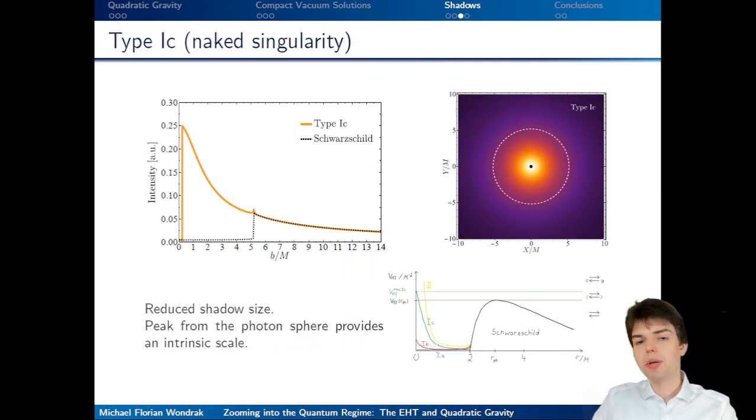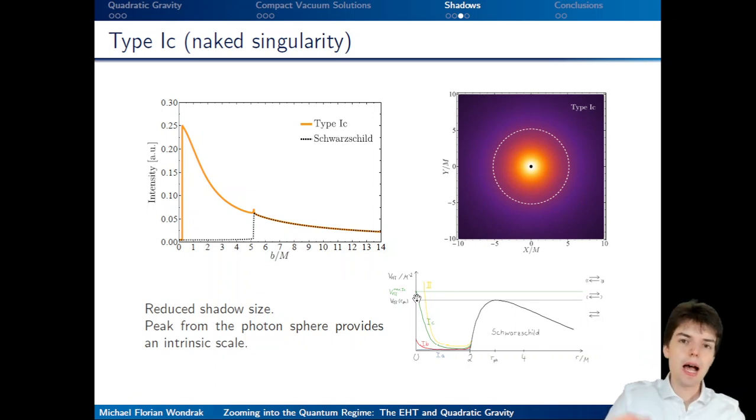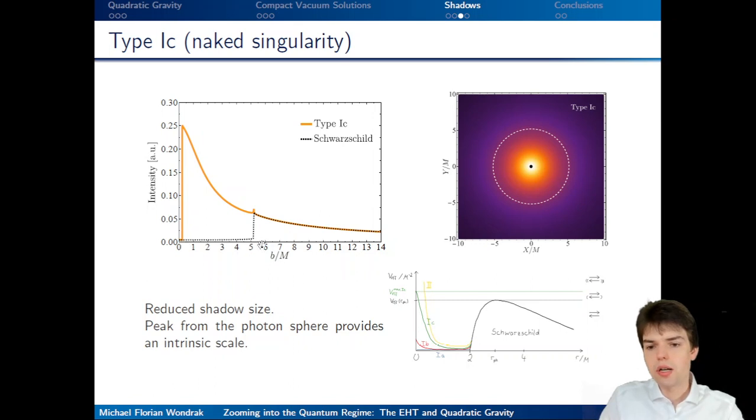However, if we go to type 1c, we are now in the situation where some of these ingoing light rays are actually reflected. So we have a bunch of impact parameters which are now contributing, and which make some contribution to the intensity.